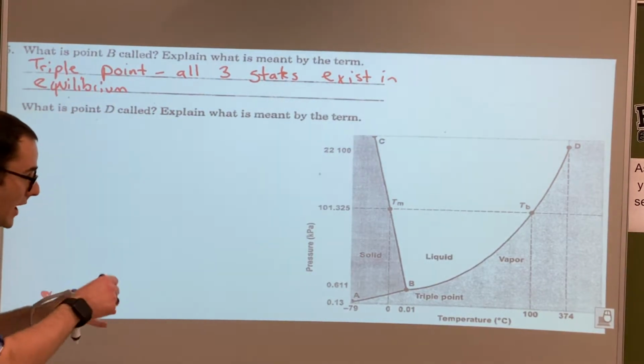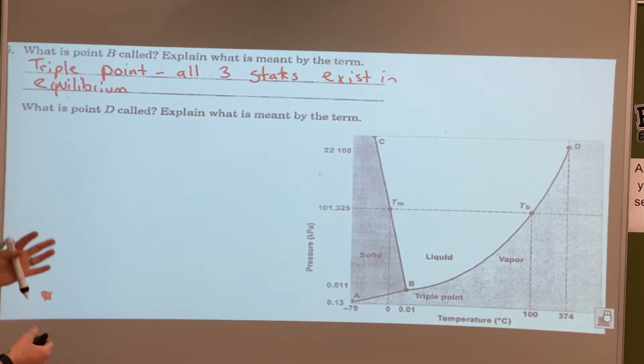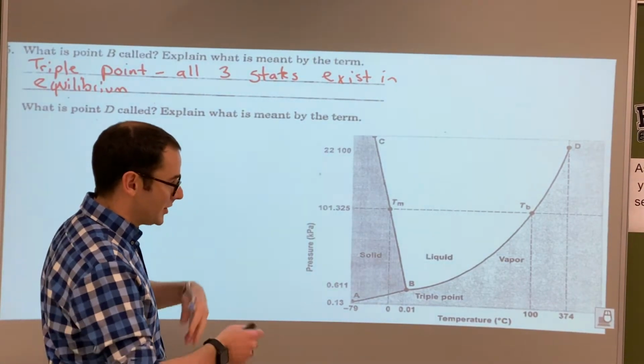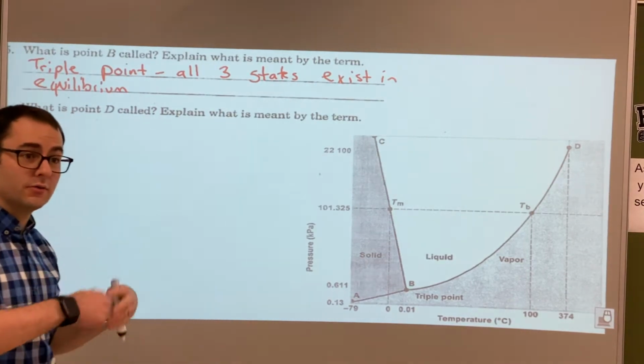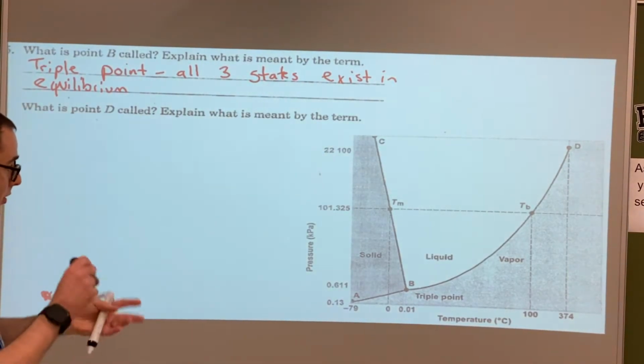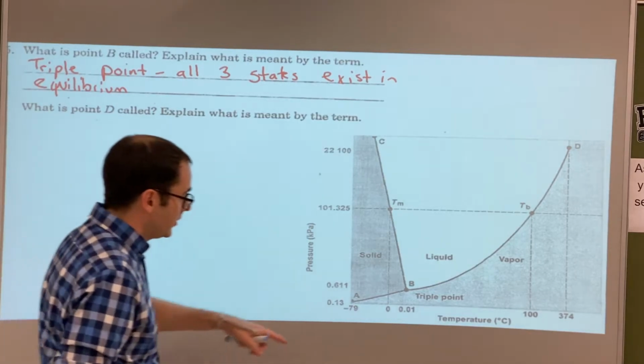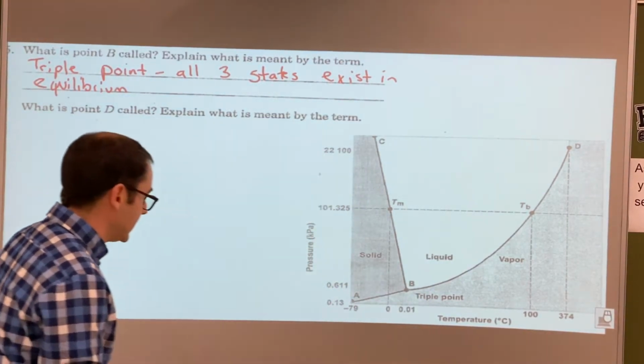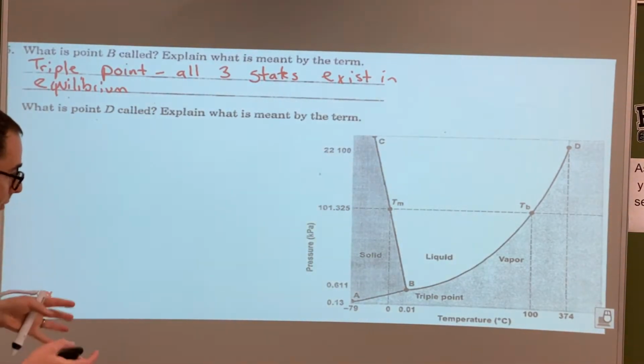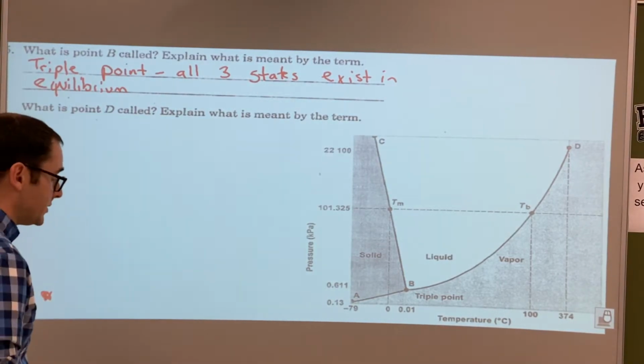Which means that you will have all three states, and then if something goes one way, melts a little, then it also will freeze a little, all right? You'll have all three of them going back and forth so that you would have all three states existing, as long as you stay at that pressure and that temperature.